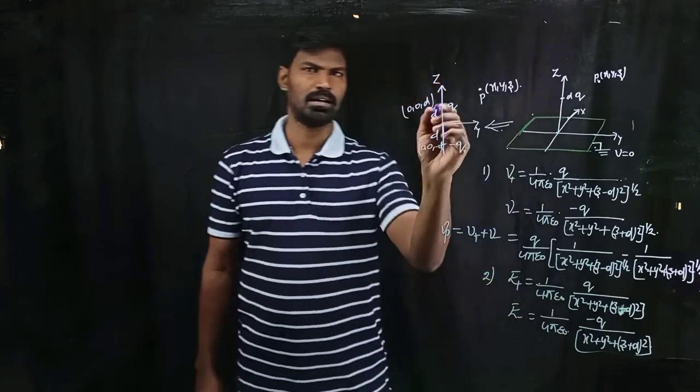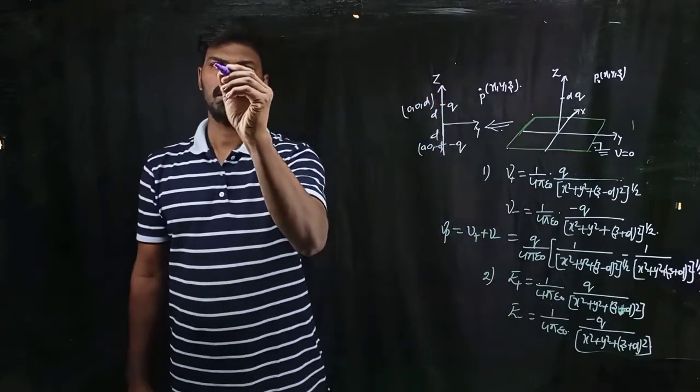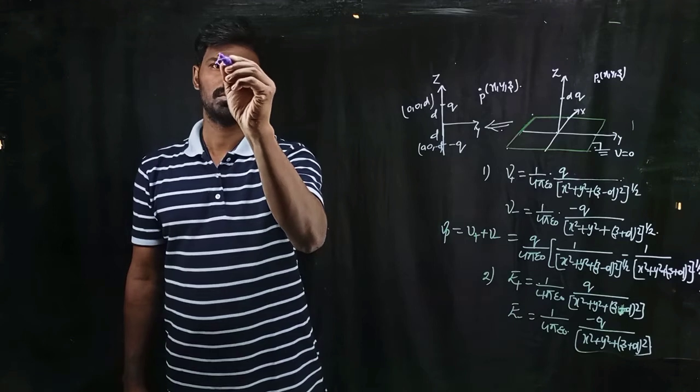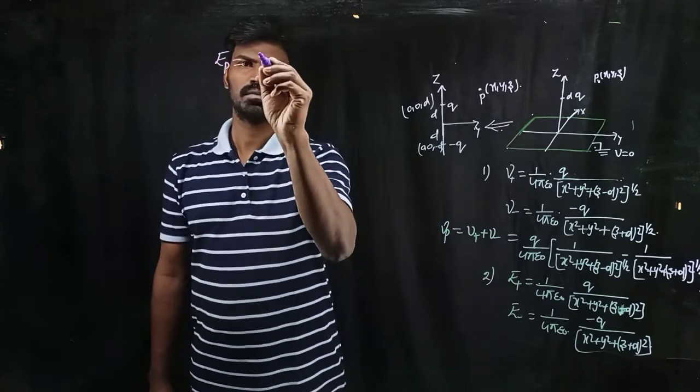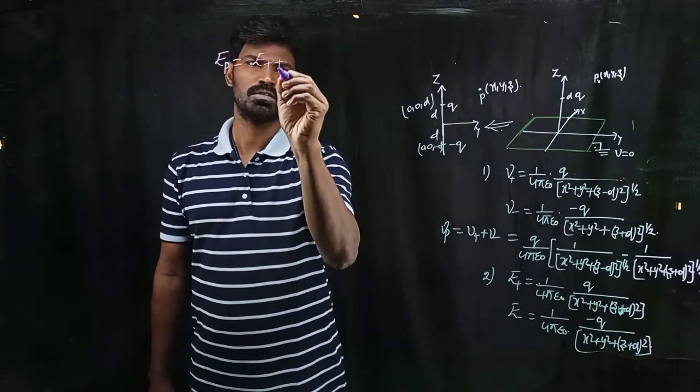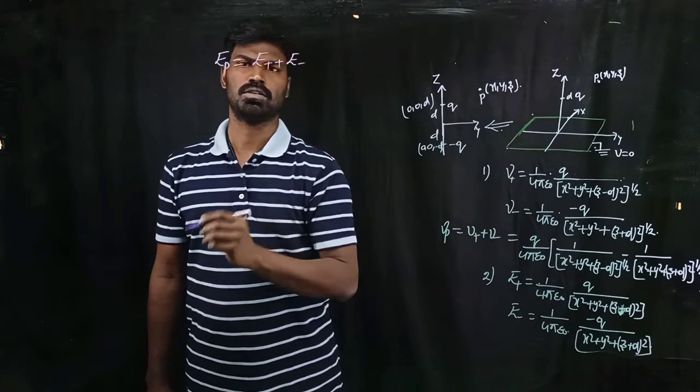Therefore the total electric field at point P is given by EP is equal to E plus due to the positive charge plus E minus, that is due to the negative charge.